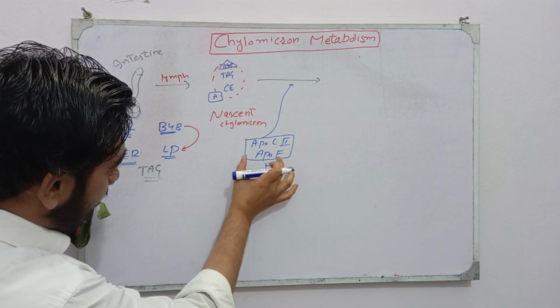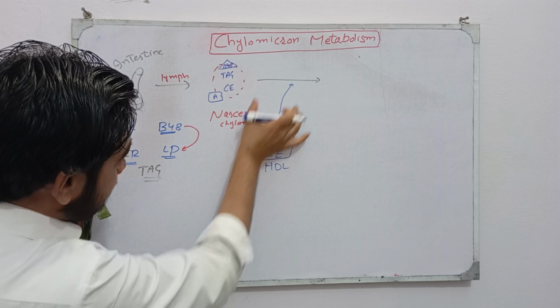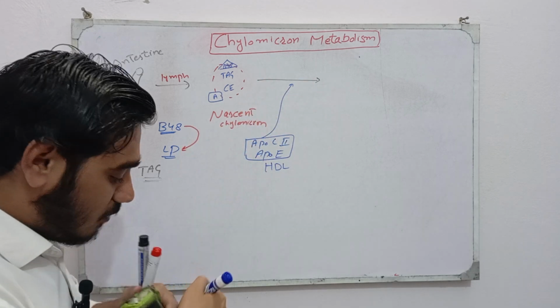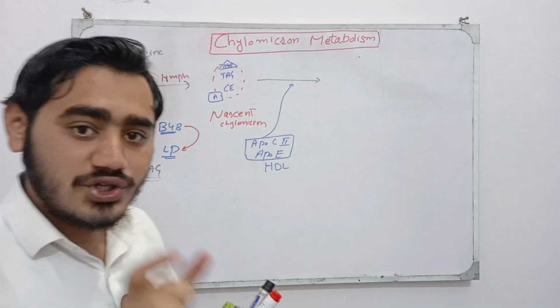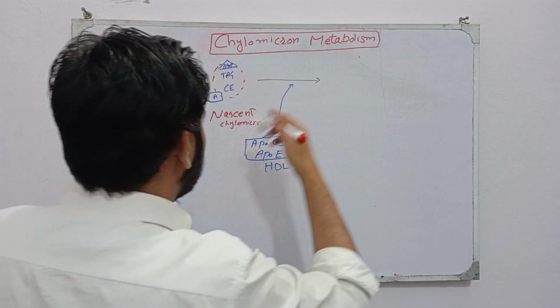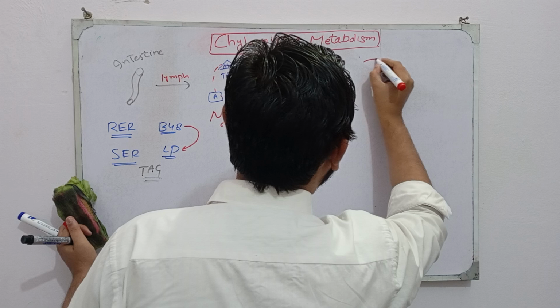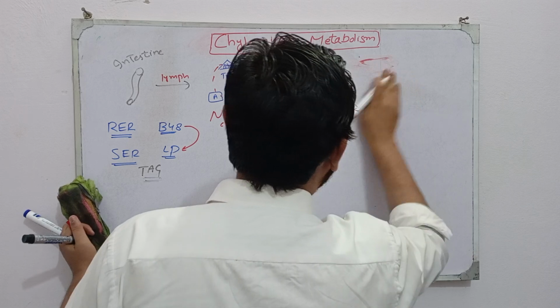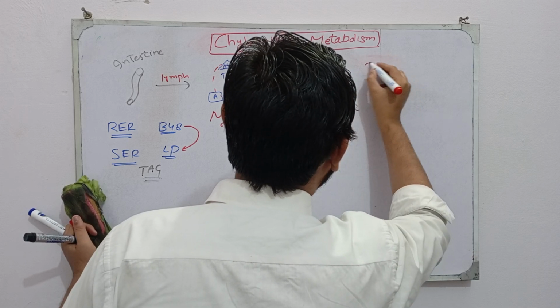Apo C2 and Apo E from HDL get incorporated in nascent chylomicron and it leads to the maturation of chylomicron.